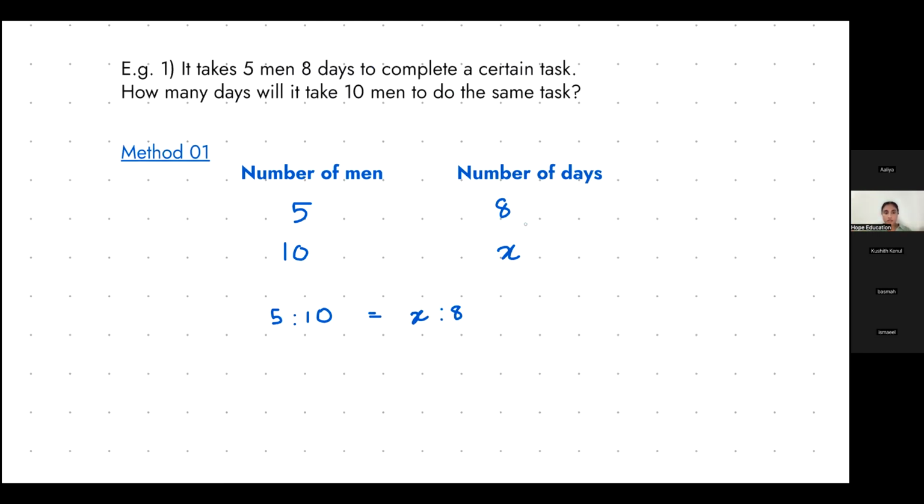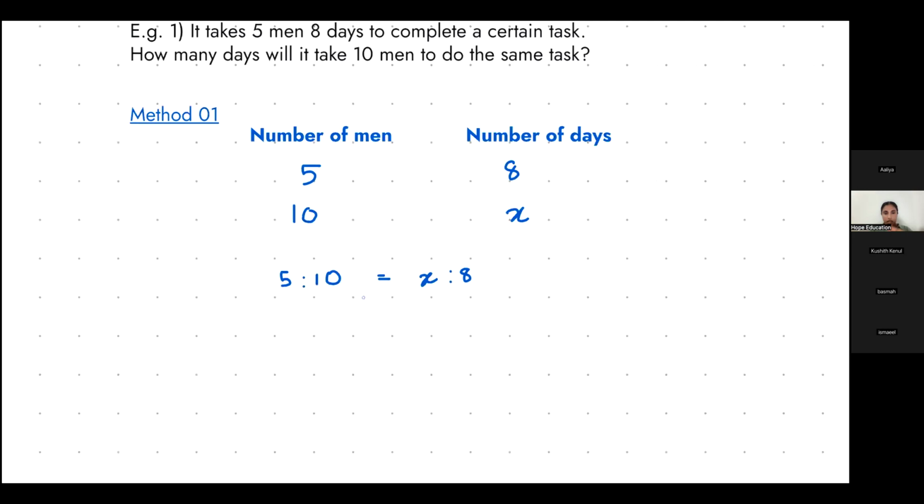Then ratio එකක් අපි fraction එකක් කරන්නේ කොහොමද? Just convert it to a fraction. So 5/10 equals x/8. Or we can skip the ratio and straight away write the fraction 5/10. Here 8/x නෙවෙයි, we have to exchange and write x/8.